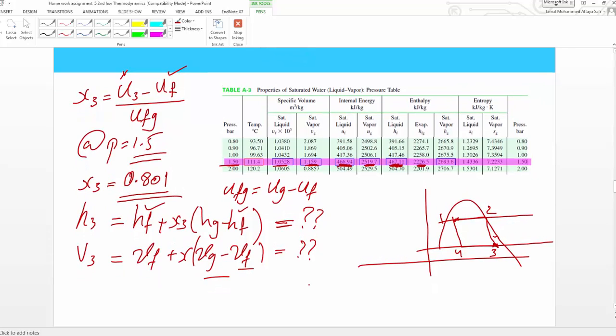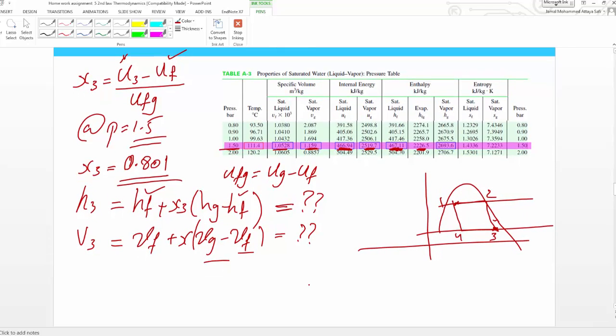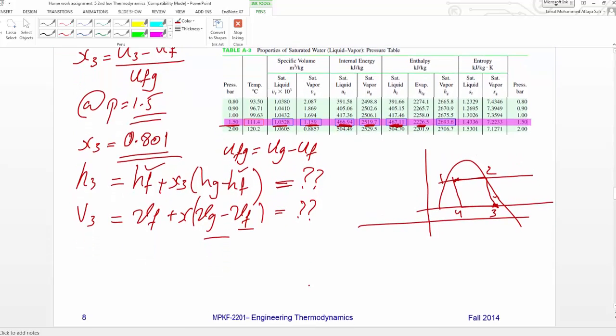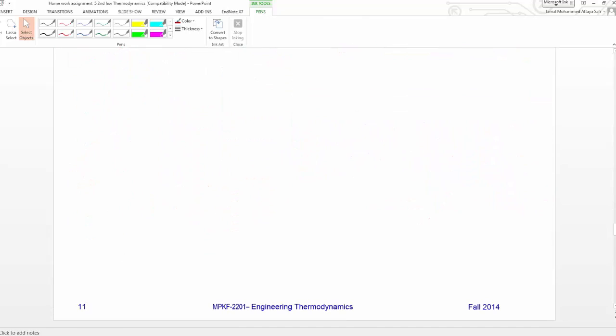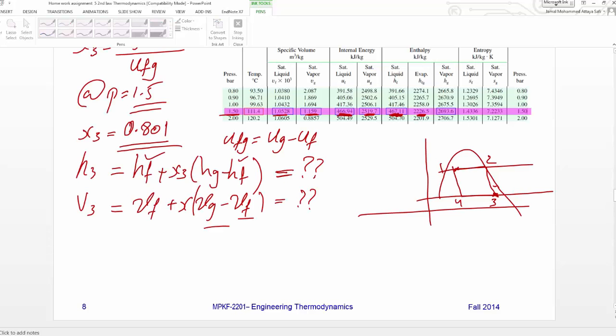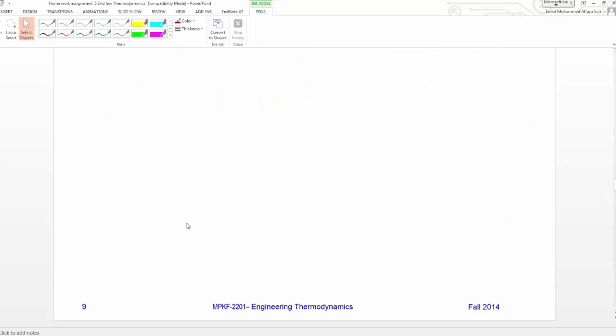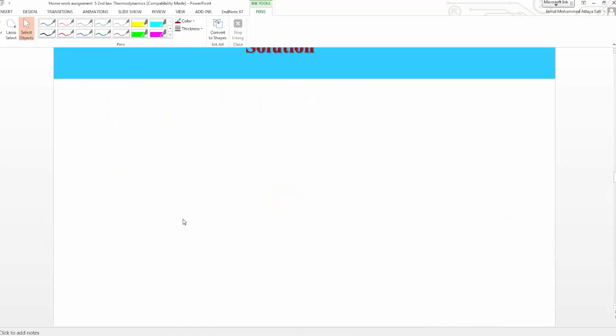So now we have the work and we have the Q for process 2 to 3. So now we start with process 3 to 4. We start here, and again I also need to draw the process that I have.